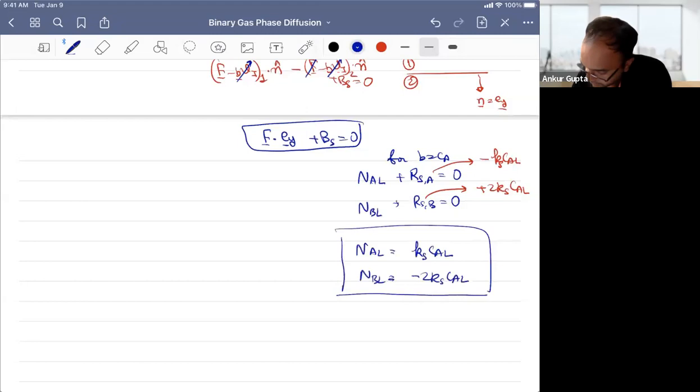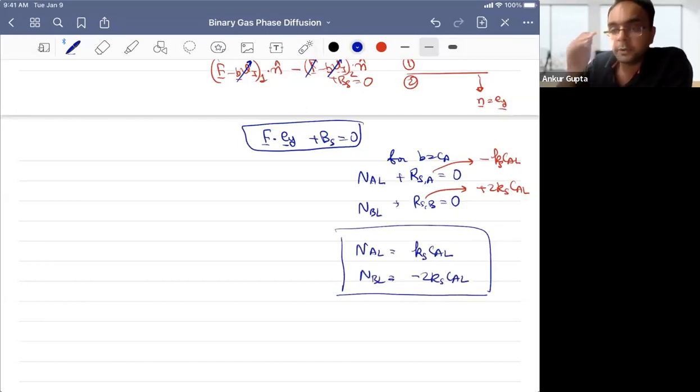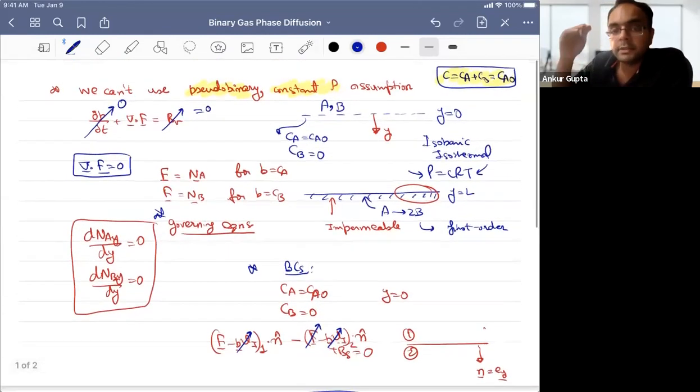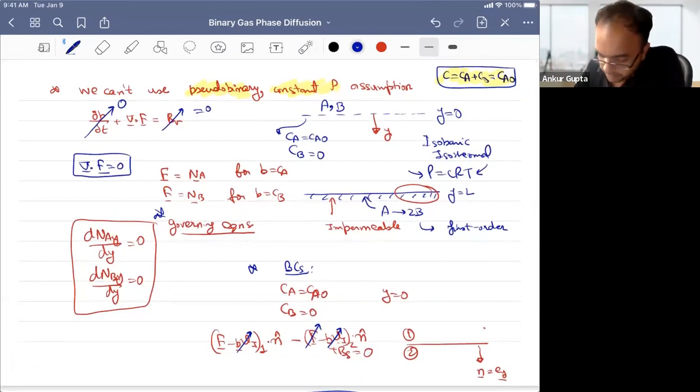Now, this is the point where some students get confused about the sign. We have just followed the convention 1, 2, pointing from 1 to 2. We put the values and we have gotten to this point. Now, please do note here one important thing: the flux of A is positive. Let's try to physically check that. We know that the concentration of A, Ca naught, is at this top point, right?